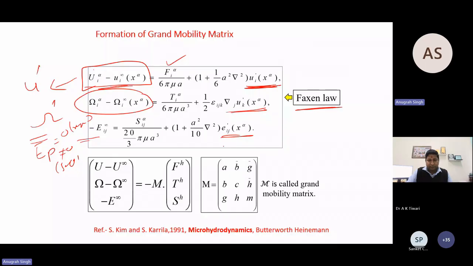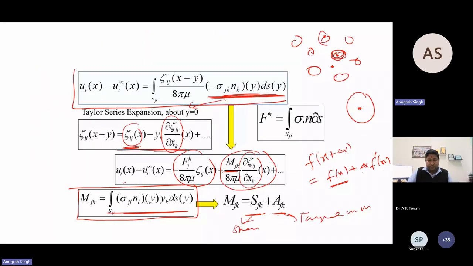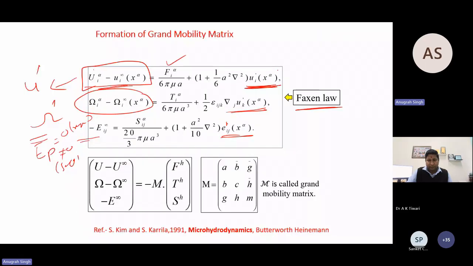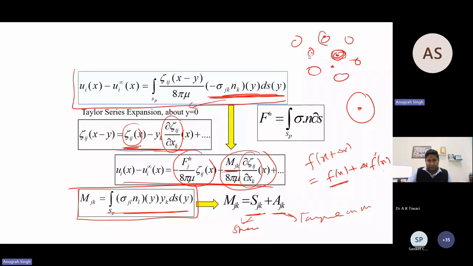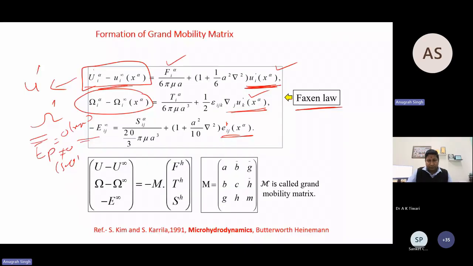Now if you substitute the Stokeslet into this, just like we had for the translational velocity, you can also have a disturbance for the angular velocity, and a disturbance in the deformation of the field due to the particle.